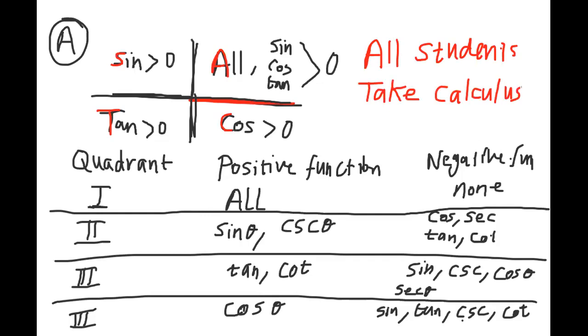The first letter, A, is all. Student, the second letter, is S, sine. Take, the third letter, is the third quadrant. Calculus, the last quadrant. This is just to memorize the table.